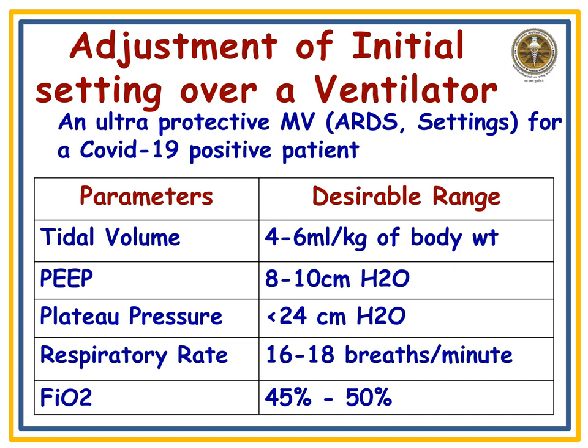Next one is PEEP. We are keeping PEEP at a high range, that is 8 to 10 centimeter of water. For other patients, we used to start the PEEP at about 5 centimeter of water. We are keeping a plateau pressure below 24 centimeter of water in the ARDS setting.